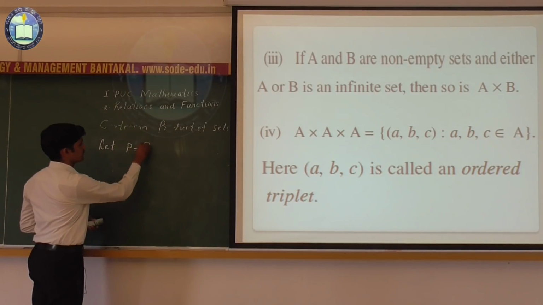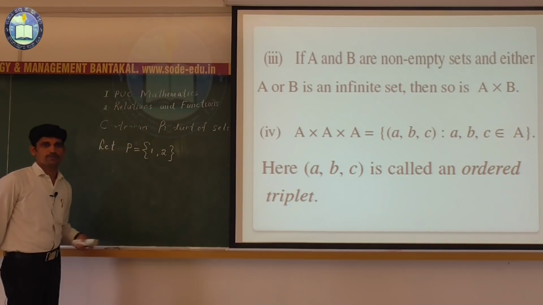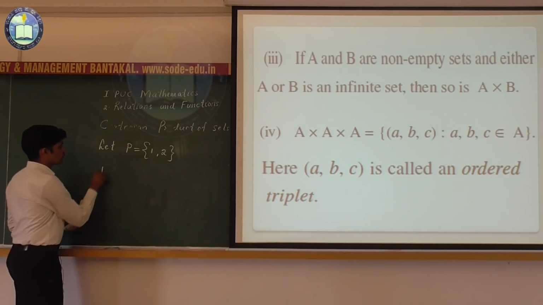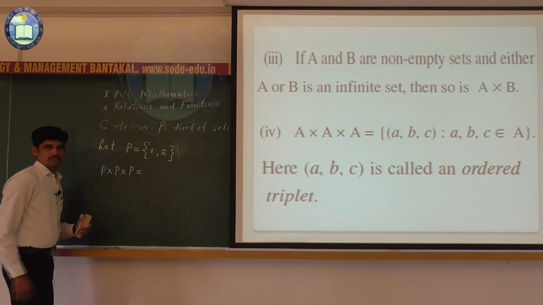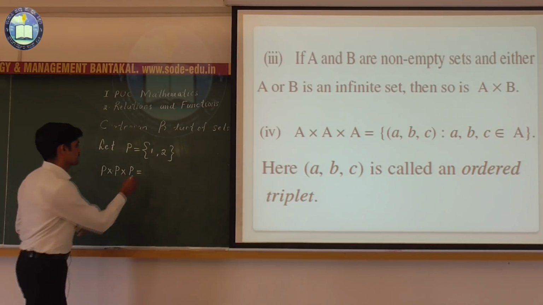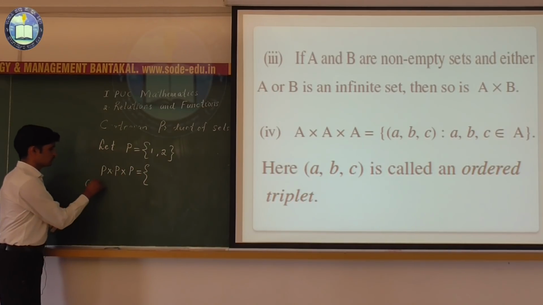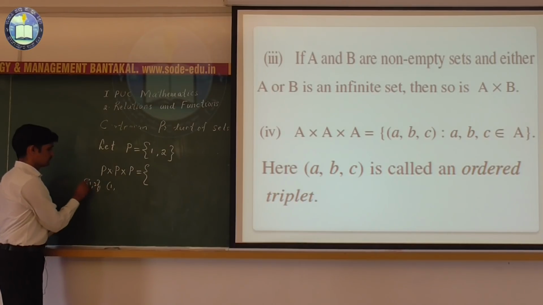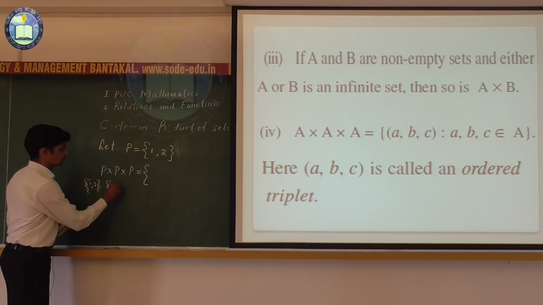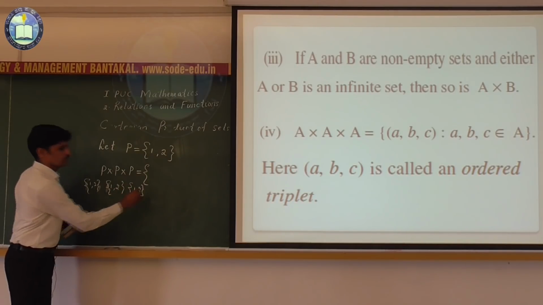For example, let set P have the elements 1, 2. Then what is P cross P cross P? It is equal to the set of all ordered triplets, where each set P is the set containing 1, 2.